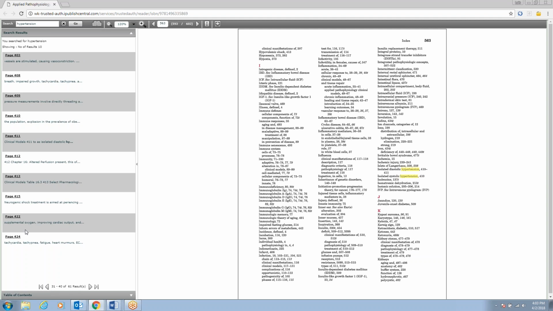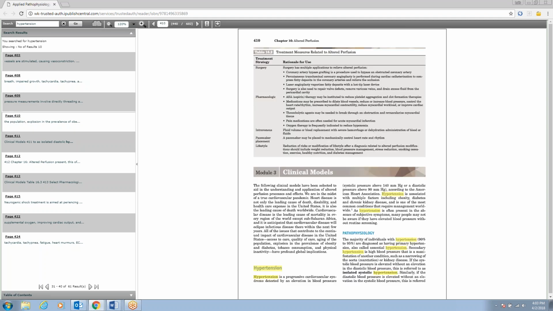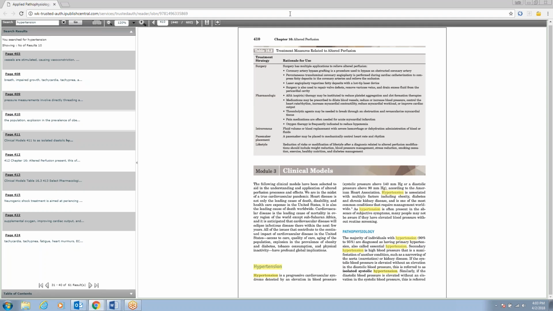And the main thing I'm looking for here is the disease process I want to write about. I just want to make sure it's not a clinical model. So I'm going to go in here and lo and behold, chapter 16, hypertension, is one of the clinical models. So that would be something I could not write about.